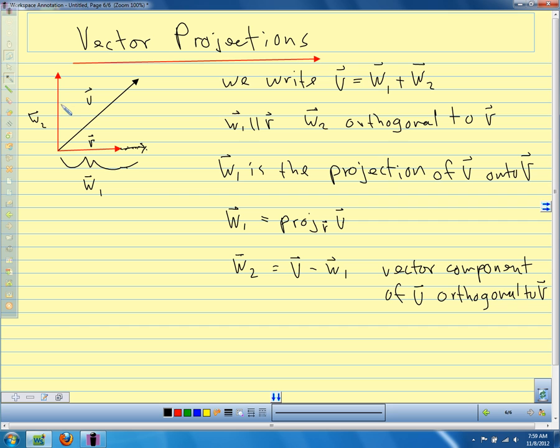That will give us this vector. And we call it the vector component of U orthogonal to V.